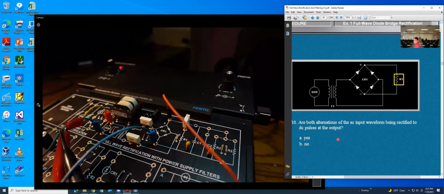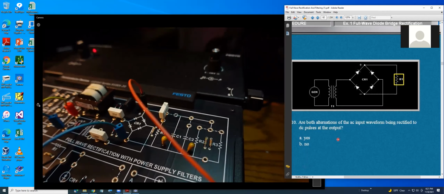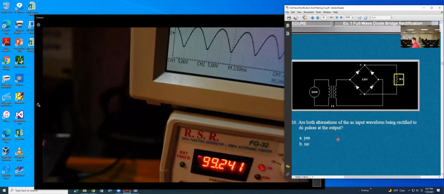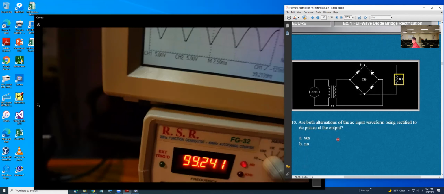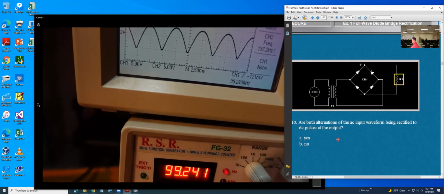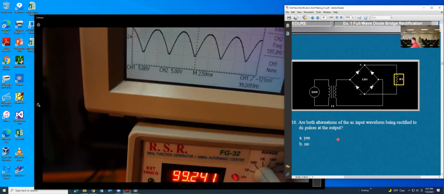What the answer is supposed to be? Technically it should be yes, A. Okay, now if you're looking at the output on the waveform.